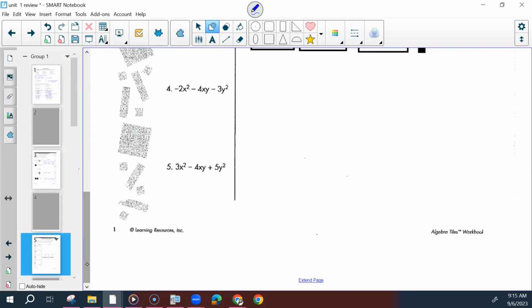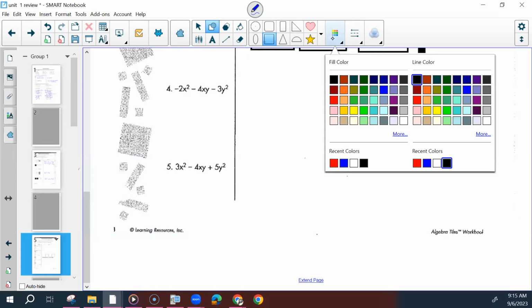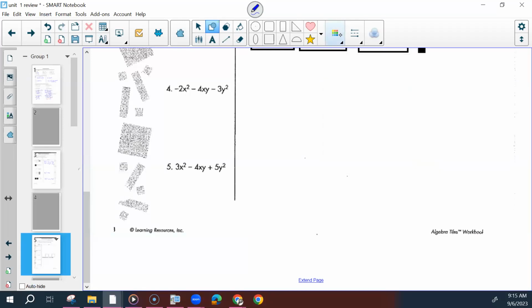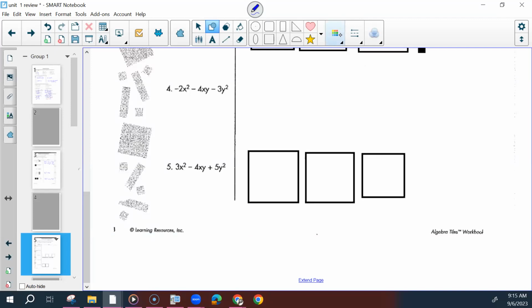Okay, number 5, how many x squared are we going to draw? 3. That's not the question I meant to ask, but yeah. Negative 4xy, what are we drawing? Rectangles that are shaded.